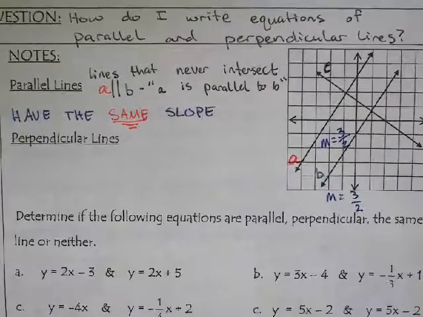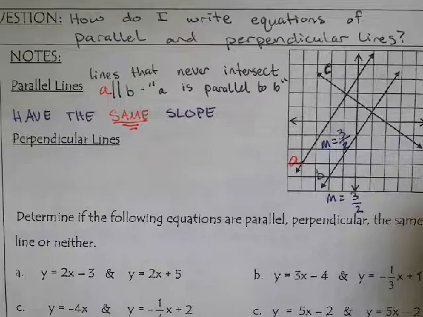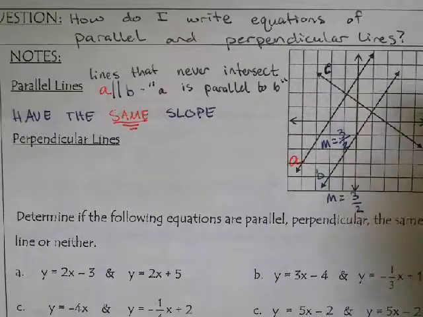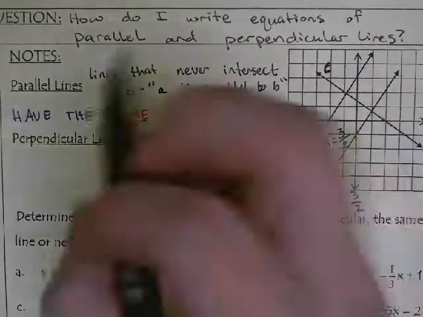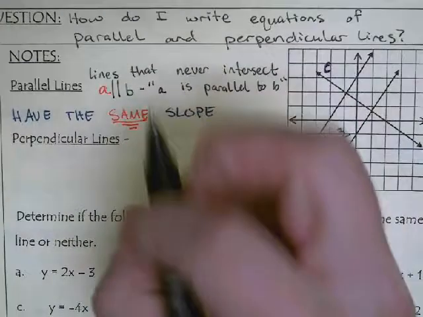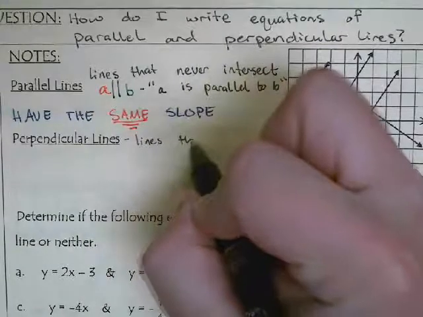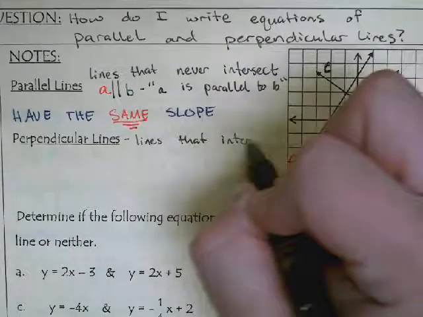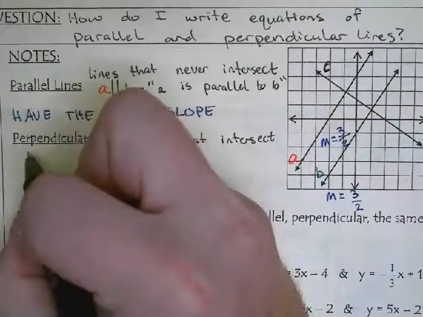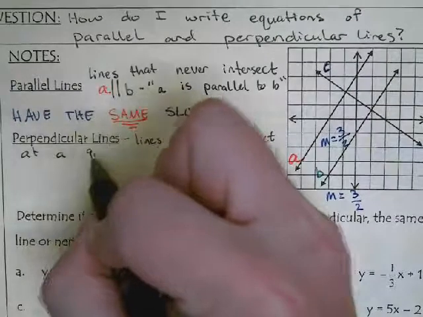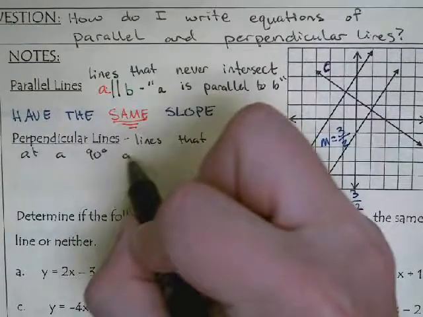Now perpendicular lines do intersect, but they intersect at a very special angle. So perpendicular lines are lines that intersect at a 90-degree angle.